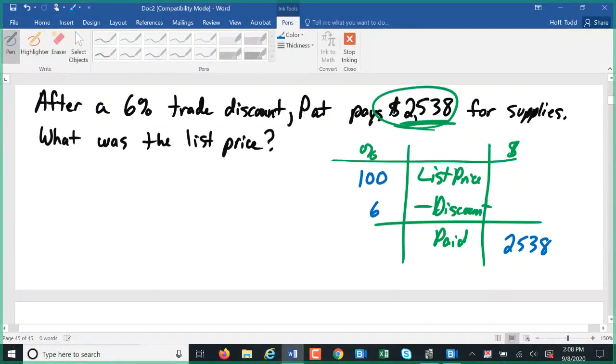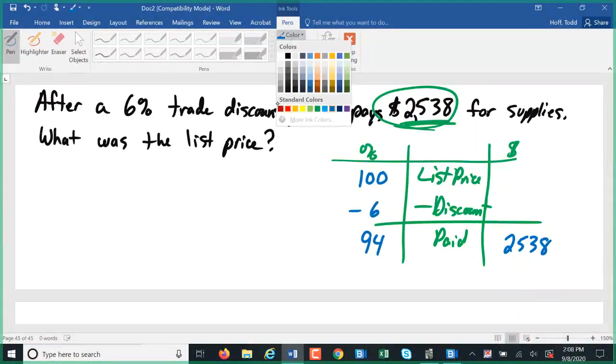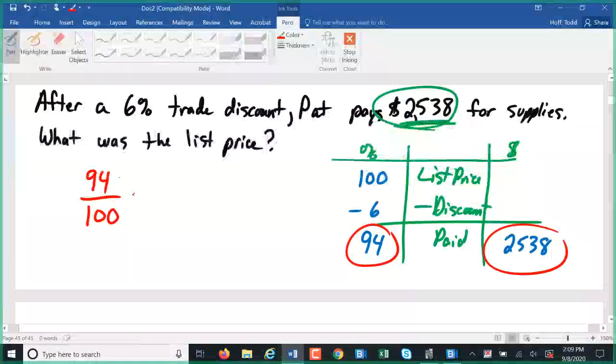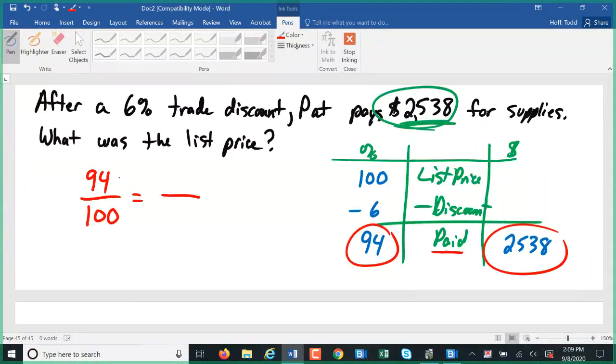The list price is our base amount. That's where we started with the price. So that is 100%. 100 minus 6 is 94%. So that tells us the amount paid is 94%. So 94% is 94 out of 100. The 94 represents the amount paid.